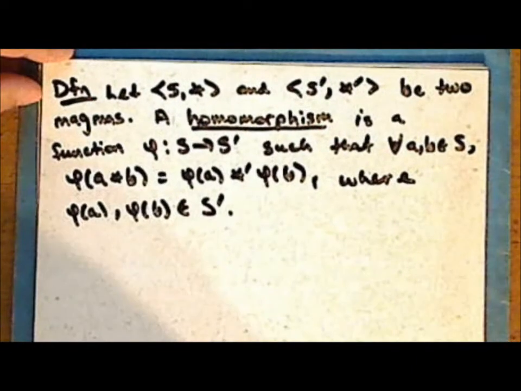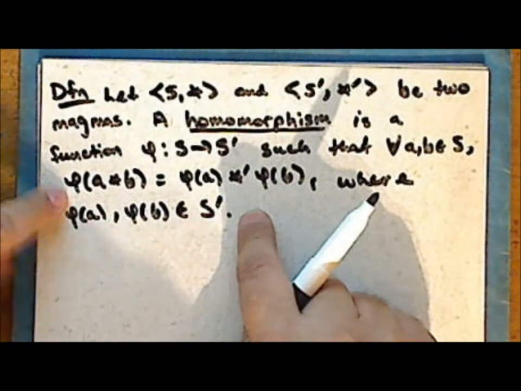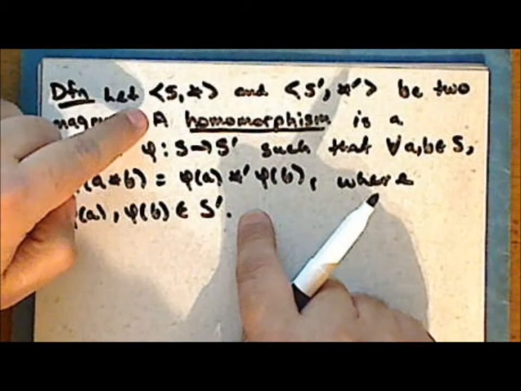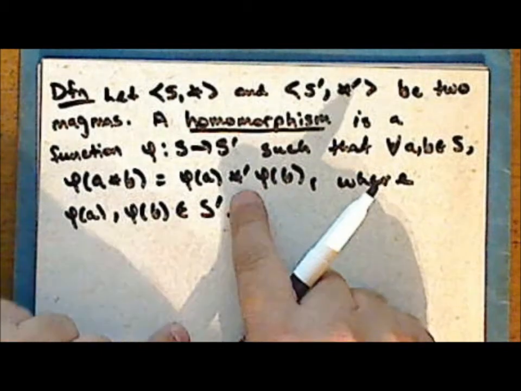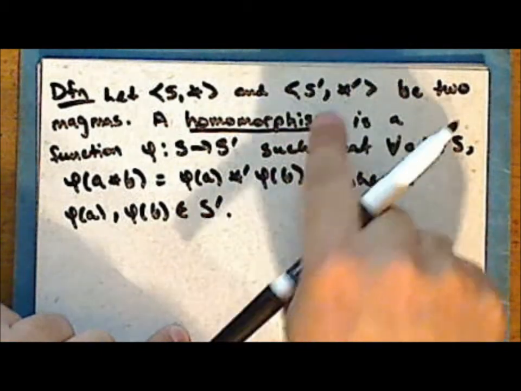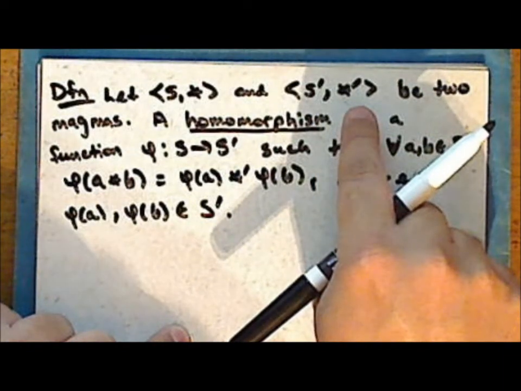So notice that in the equation, the operation on the left comes from the structure consisting of the set S together with the binary operation star, and the operation on the right comes from the structure consisting of the set S prime and the operation star prime.